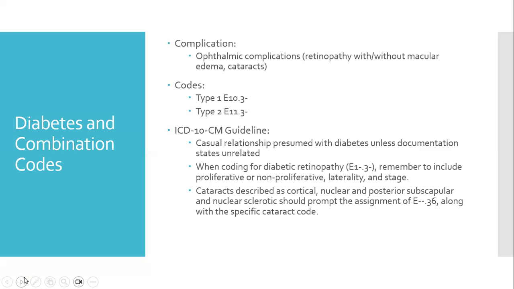With cataracts, it can be described as cortical, nuclear, posterior subcapsular, and nuclear sclerotic. That's what prompts that additional digit to give you the specific cataract code.